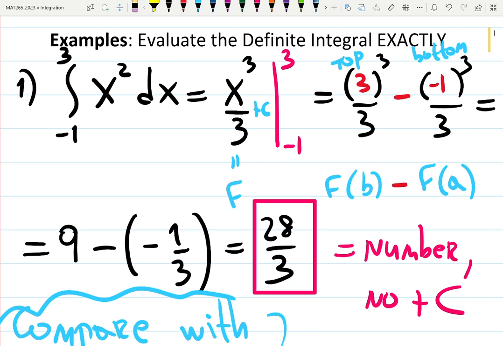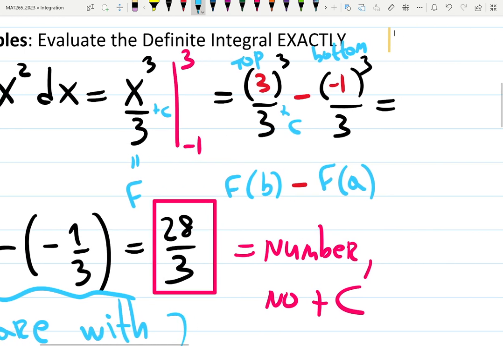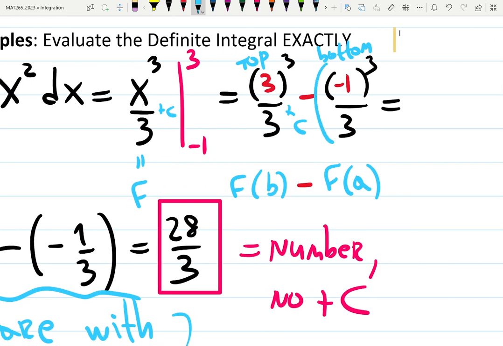It's a finite number. But c is a constant, so what's the problem? Well, even if I do plug plus c, here it will be 3 cubed plus c minus parentheses 1 cubed plus c. C minus c gives you 0, so the c will go away anyways. The c, because of the negative sign, will be subtracted anyways.